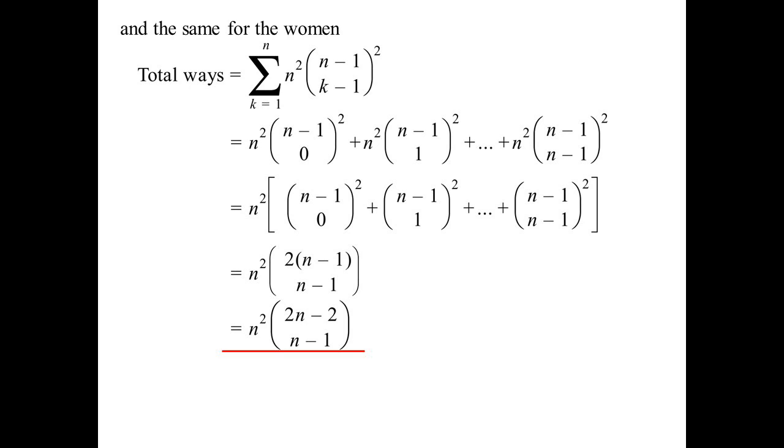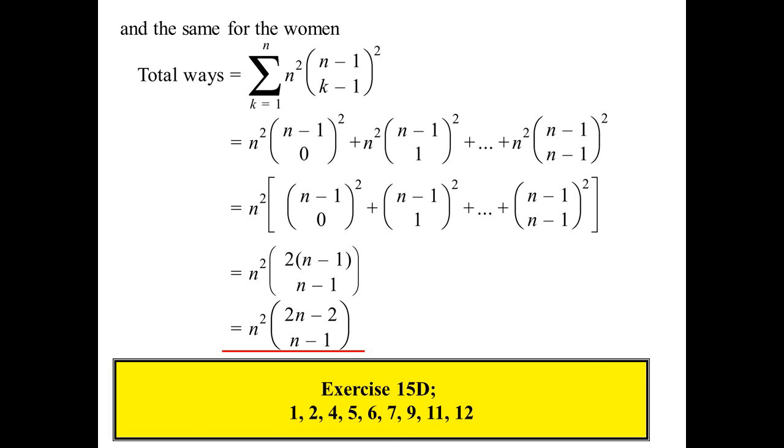So it'll be 2 outside of n minus 1, C n minus 1, tidying that up. There is the simpler expression that they're looking for: n squared times 2n minus 2 C n minus 1. So 15D is just basically playing with the binomial theorem and coming up with different relationships and what have you.